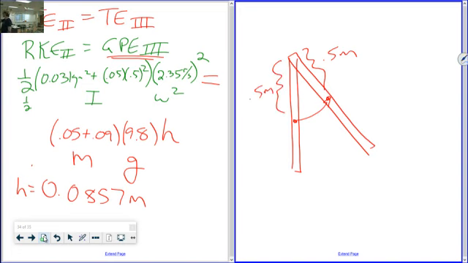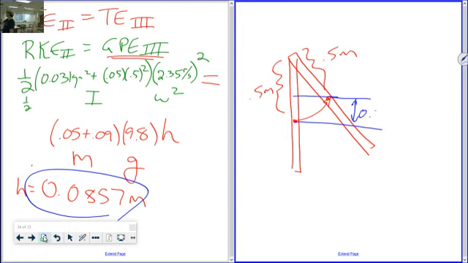This height that we just found is from there to there. So that's 0.0857, which means that this height is 0.414, or 413. One of my roundings is funny there, but whatever. Oh, darn it.